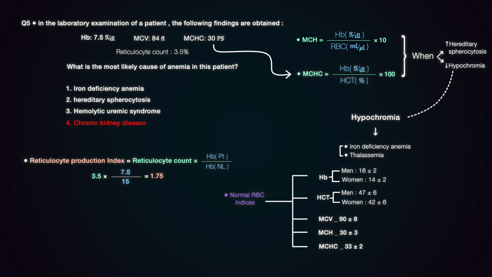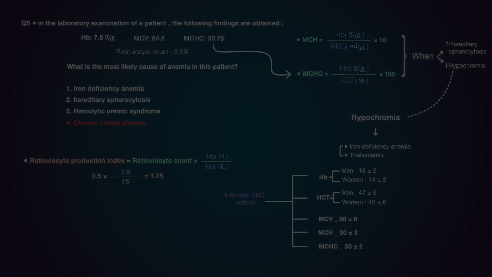So the correct answer is option 4, chronic kidney disease, that is compatible with anemia of chronic disease. We can conclude another keynote from this case: the MCV and MCHC in the anemia of chronic disease may be normal, such as seen in this case.